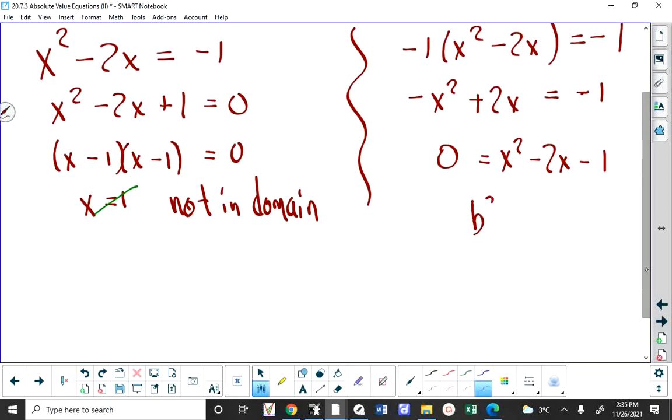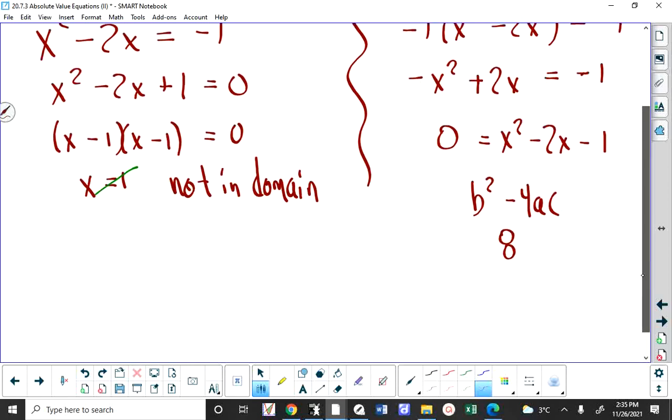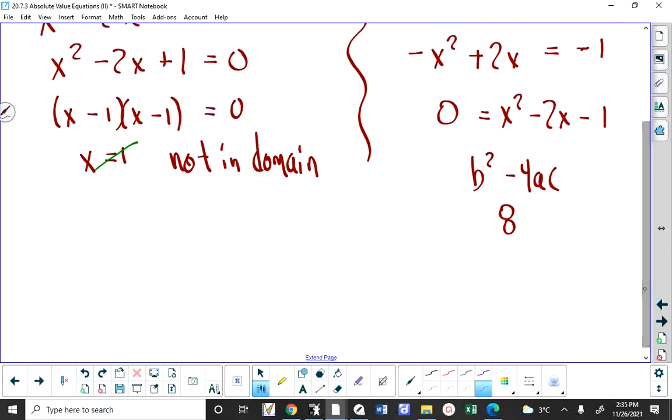The discriminant b squared minus 4ac gives me, I believe, 8. And I'm seeing some people nod. 8 is not a perfect square, so this is not factorable, which means we are going to have to use the quadratic formula. Negative b, which is -2, which is 2, plus or minus root 8 all over 2a, which is 2.